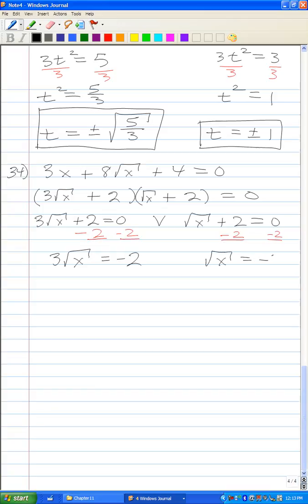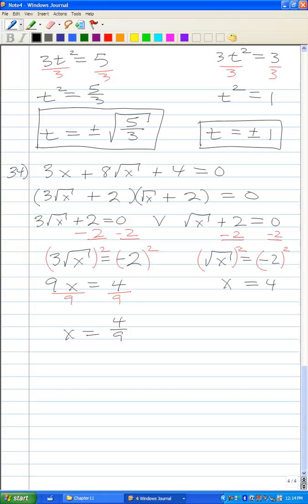Rad x equals negative 2. Square both sides of your equation to get rid of the square roots. And so you get 9x equals 4. Divide by 9. So you get x equals 4 over 9.